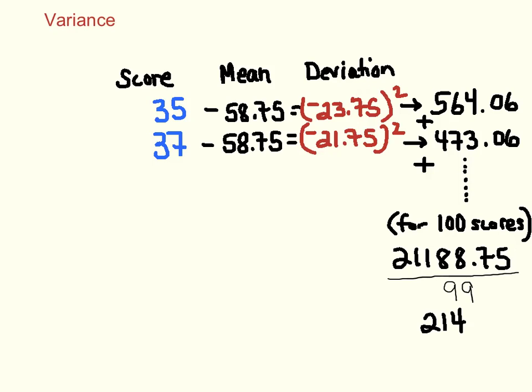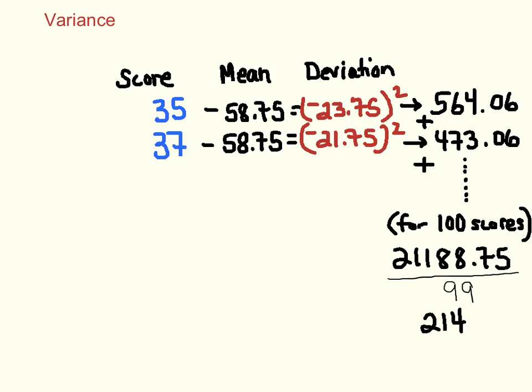So what you can see from this number is that because it's an average squared deviation from the mean, the number is in units that are really different from the actual score. So if we remember, the range of our scores is from 35 to 85, but this 214 as a description of the variation among the scores is sort of non-intuitive because it's not on the same scale as the score.